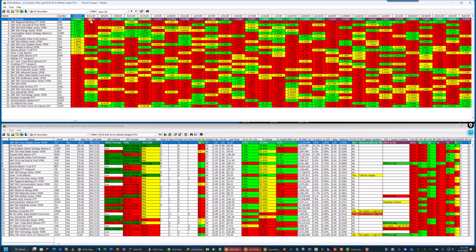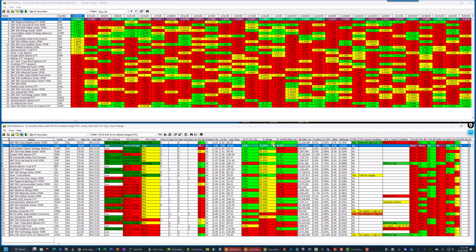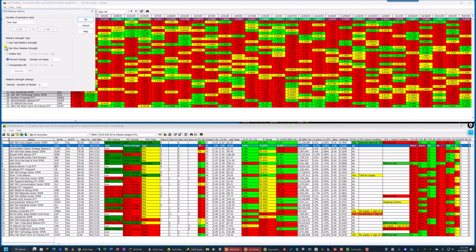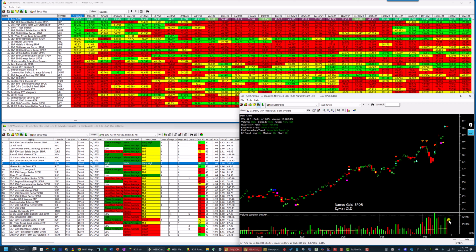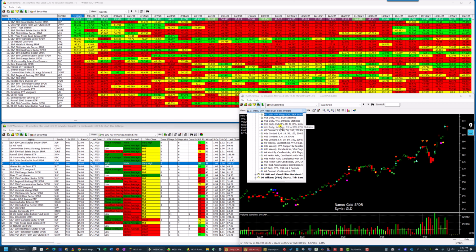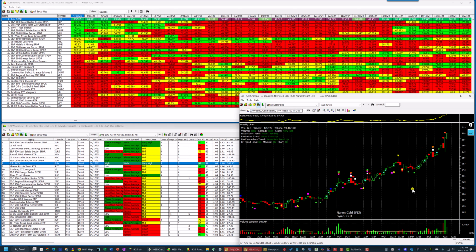The oil fund was up 4.54%, and it's number 2 yesterday. So it had a decent move yesterday also, but it's been moving up for the week. And then once again, if you want to see the strongest stocks in here, use Wilder, and the gold spider will come to the top. This is a daily chart. Let's drop it down to a weekly, and you can see how strong gold has been and continues to be.